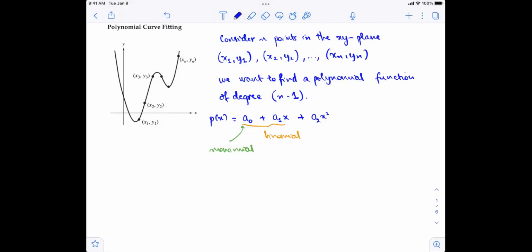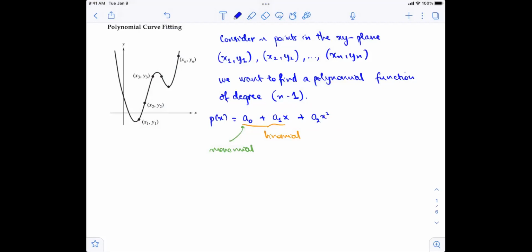But in general, what you can say is that, okay, this is a polynomial. That means multiple terms. So a polynomial, because you have multiple terms, of degree 2, because the highest power of x is 2, right? So that's why not only is this called a trinomial, but also a polynomial of degree 2.